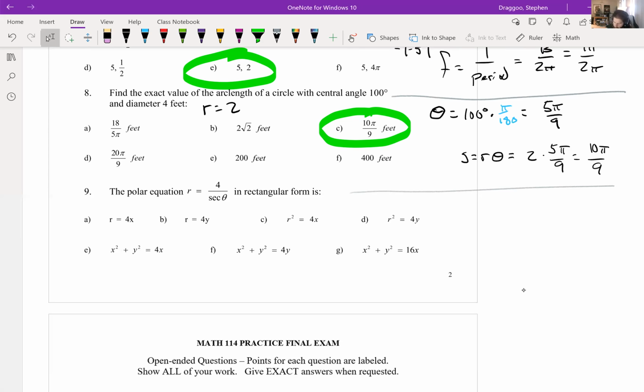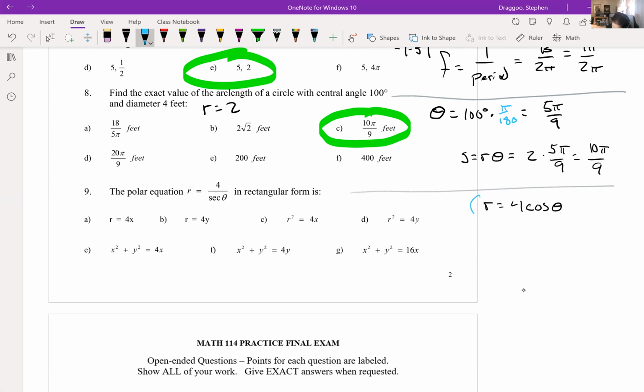Polar equation down here. If r is equal to 4 over secant theta, that would be the same thing as r equals 4 cosine theta, since secant's the reciprocal of cosine.